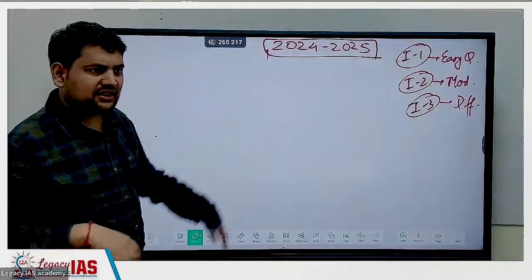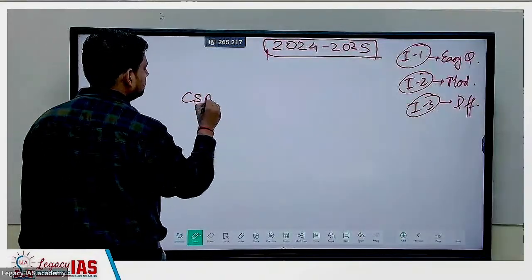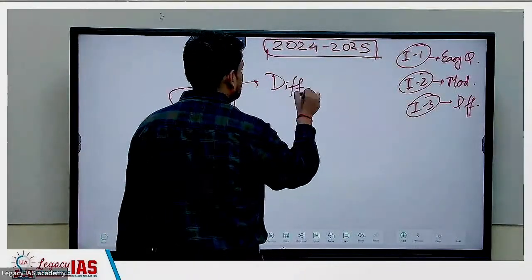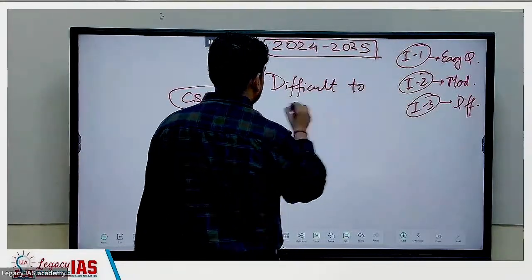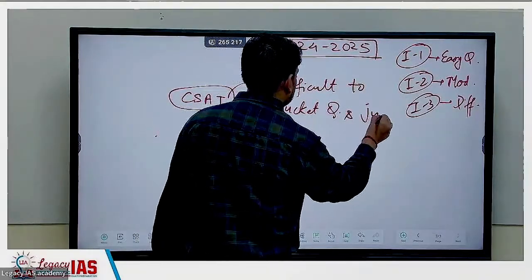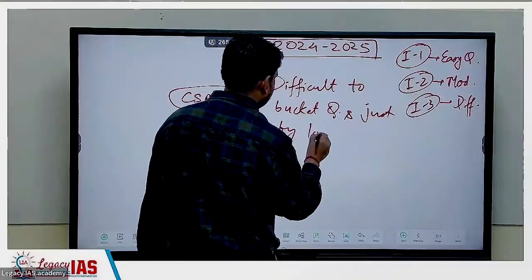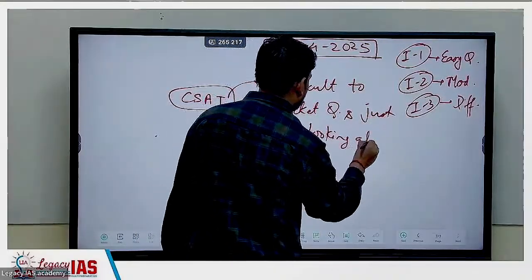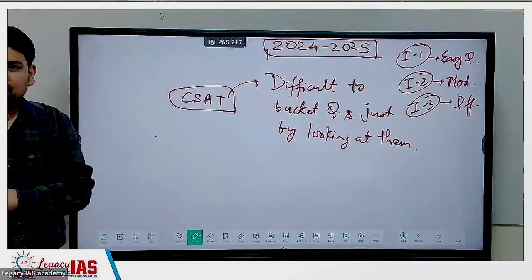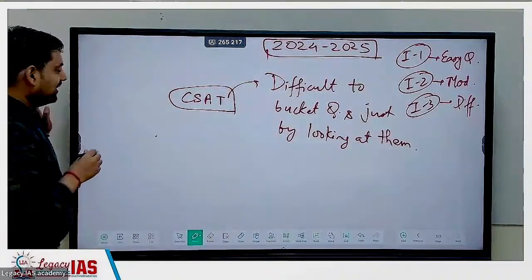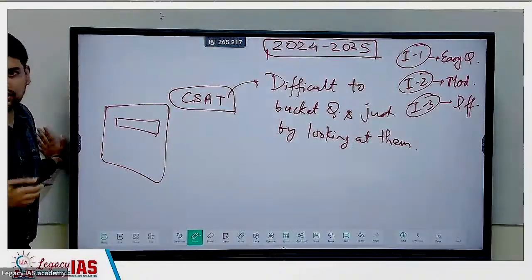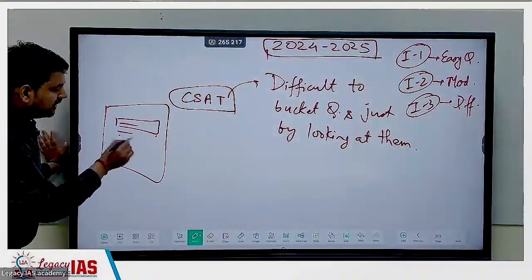Now, the issue with this strategy in CSAT is it is extremely difficult to bucket questions just by looking at them. See, if I am doing a GS paper and I have not done medieval history well, and a question comes about which of the following statements are true about Alauddin Khilji, and then there are 2-3 statements written.